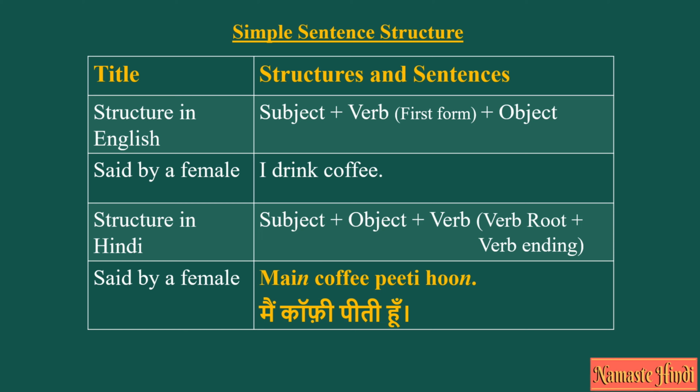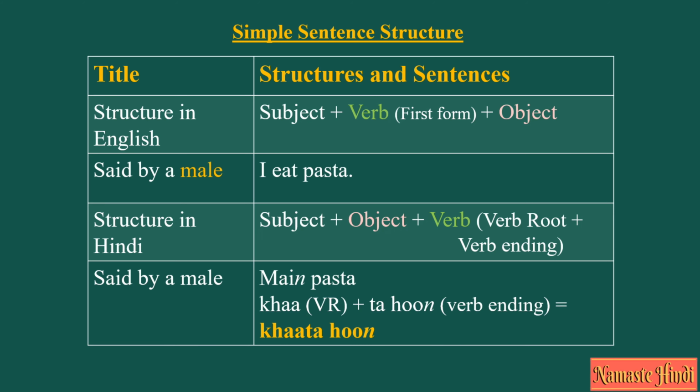If your subject is male, it's slightly different. The structure in English, again, would be subject plus verb in the first form plus object, and in English it would be I eat pasta, the same if it's male or female. But in Hindi, your structure is subject plus object plus verb root and verb ending.